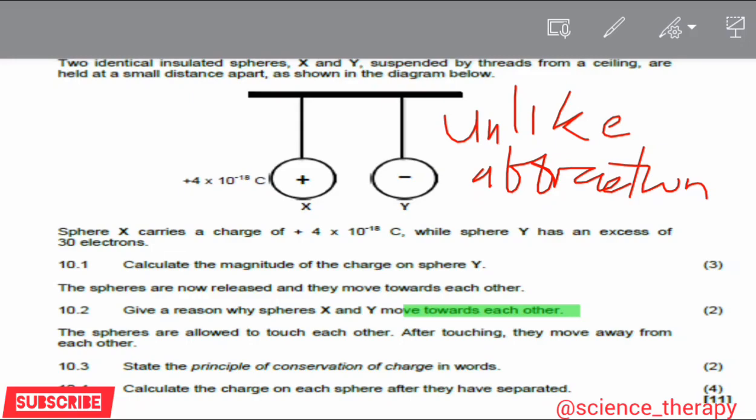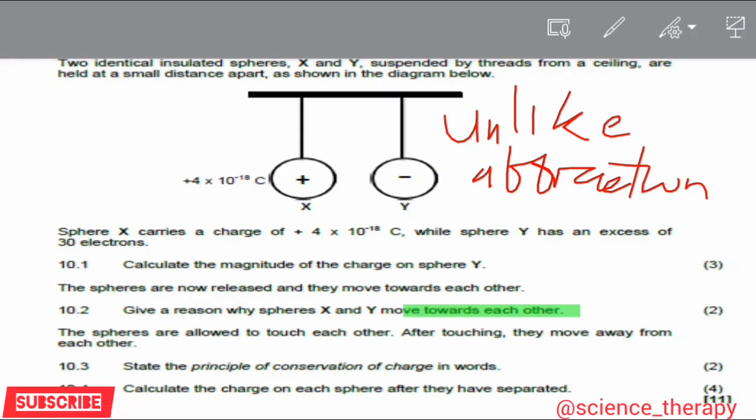That's why after touching, they will then move away from each other, meaning they will then repel, right? So always after that moment of touching and sharing electrons, afterwards they move away from each other because now they have the same magnitude of charge, and the charges are also the same, that is like charges, right?